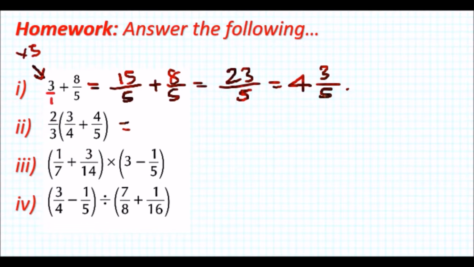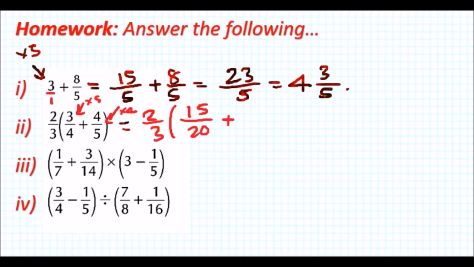Ignoring 2/3 for a second, 5 times 3 over 4 gives exactly 15 over 20, plus the second fraction multiplied by 4, which gives 16 over 20. Not bad. Adding these together gives us 31 over 20.